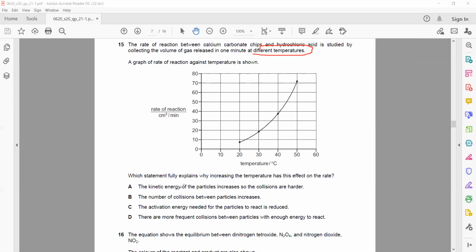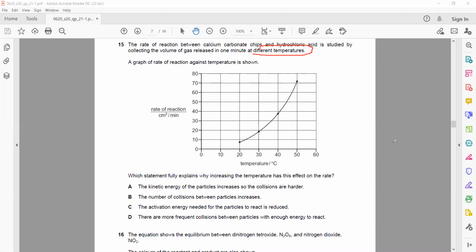So what it shows is that the kinetic energy of the particles increases, so the collisions are harder. The number of collisions between the particles increases. The activation energy does not change. More frequent collisions between the particles with enough energy to react.